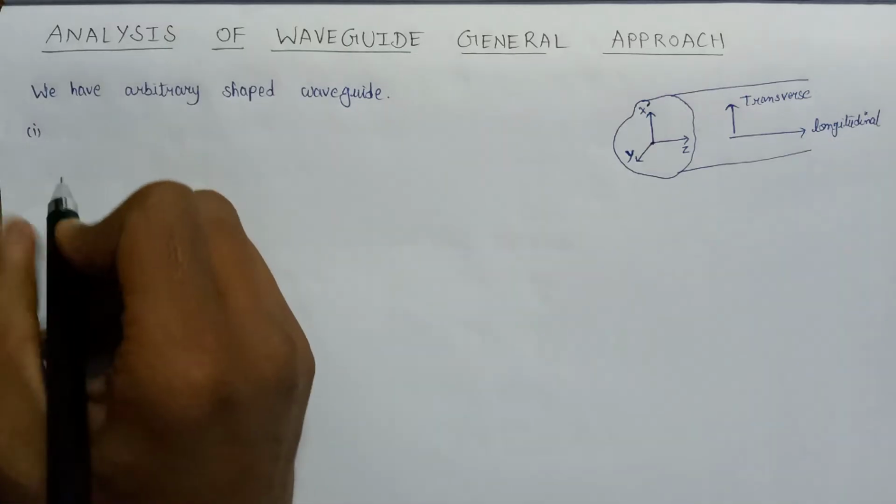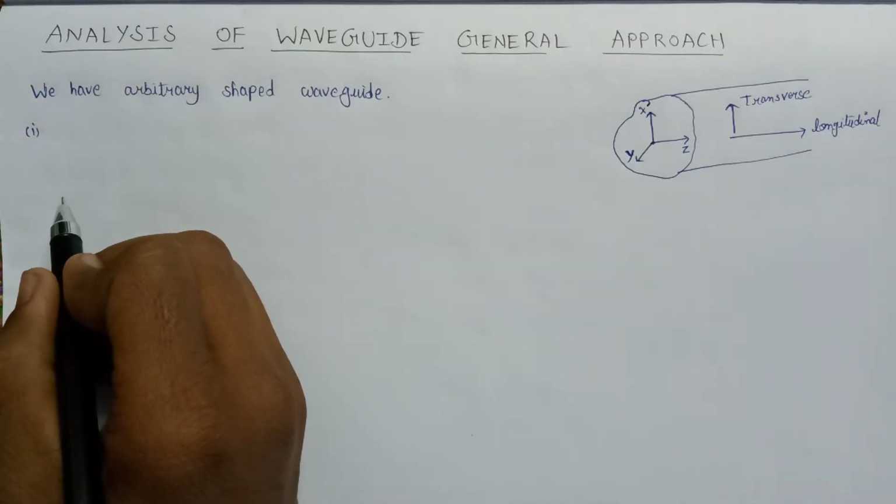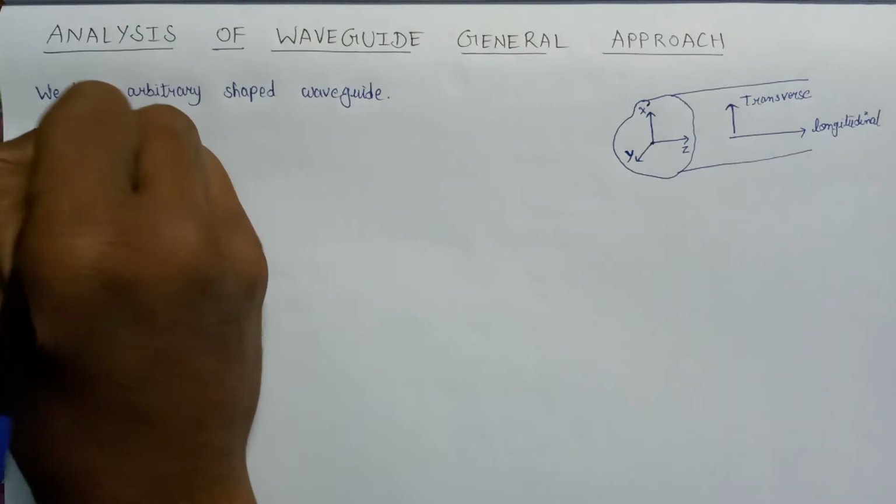Now let us discuss the electric field and the magnetic field, which are given as follows.